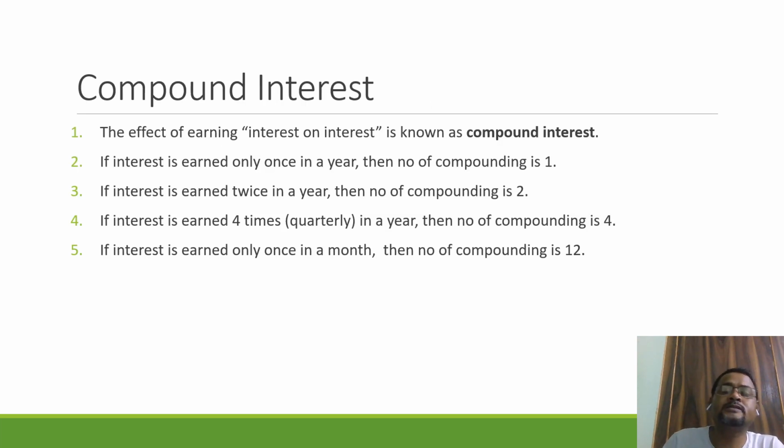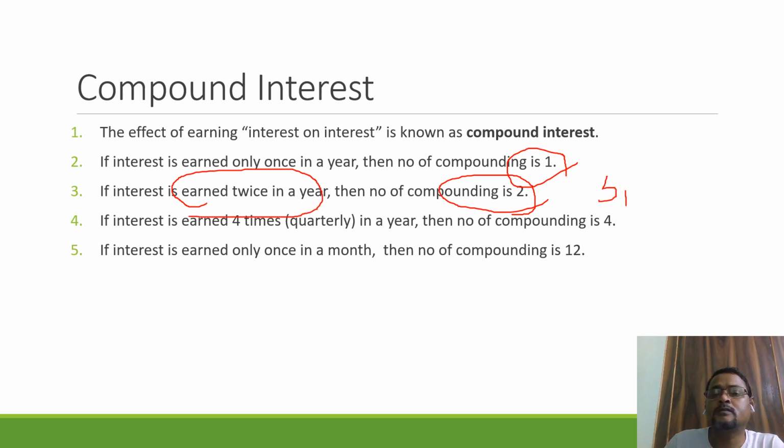Compound interest. We have already seen in the introductory video that compound interest earns more interest than simple interest. If the compounding is done annually, that means interest is earned only once in a year, number of compounding is only one. If compounding is done twice, that means interest is earned twice in a year. That is known as biannual or 6 monthly.